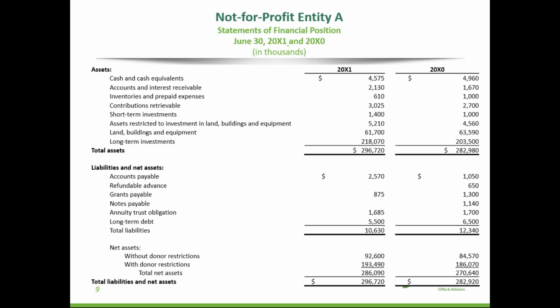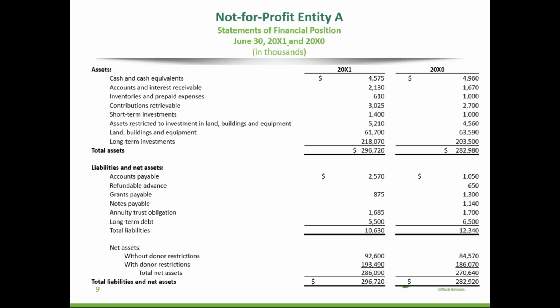The one thing we have seen in the early adopters of the standard, and what we see within our firm, is that one of the line items generally presented under without donor restrictions is property and equipment, net of depreciation and net of related debt. So that is one of the things we're seeing consistently that not-for-profits that early adopted did include.